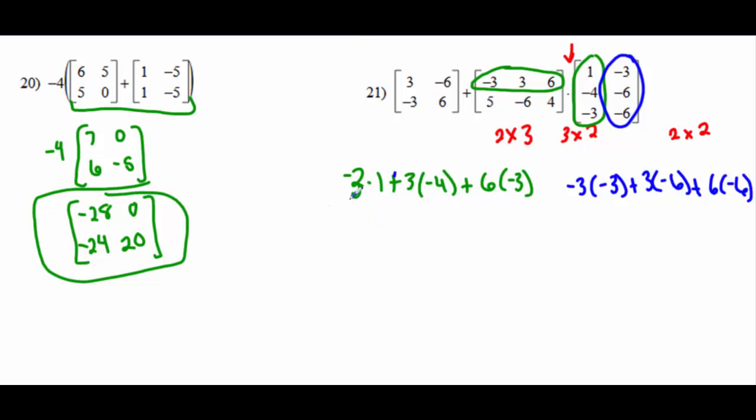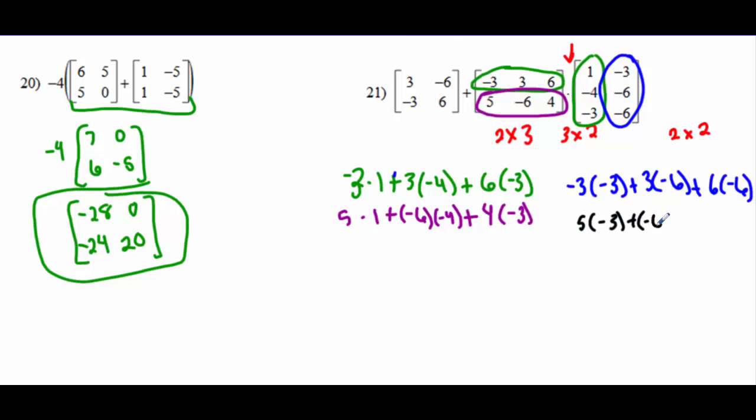And so then the next one is going to be the bottom. So 5 times 1 plus -6 times -4 plus 4 times -3. And the bottom row with the second column, 5 times -3 plus -6 times -6 plus 4 times -6.